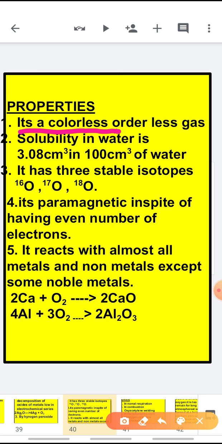You should know this also, that it liquefies at 90 Kelvin and freezes at 55 Kelvin. It has 3 important stable isotopes. Isotopes, as you all know, are forms of an element having the same atomic number but different mass number. So, oxygen has 3 isotopes having mass numbers 16, 17 and 18.